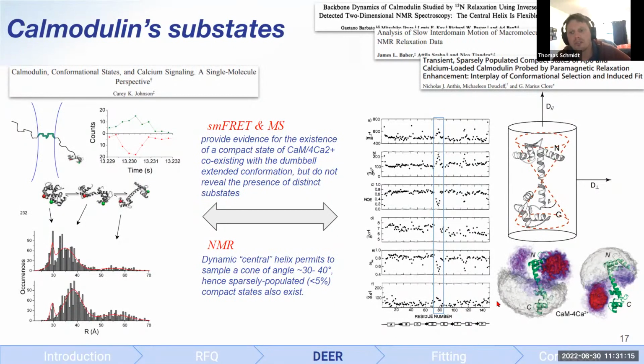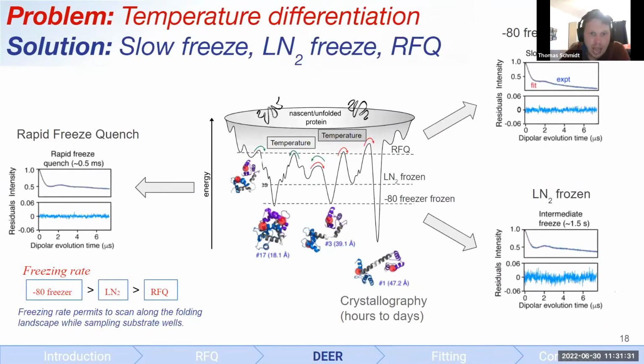In NMR, obviously, there are PRE studies by the Chlor group, Nick Anthis, and also in the Bax group, who have shown it through model-free analysis thanks to NOE, T2, and T1 experiments. However, in our case, the idea is that we take our calmodulin, load it with calcium, put it in its energy landscape, and freeze it at different times.